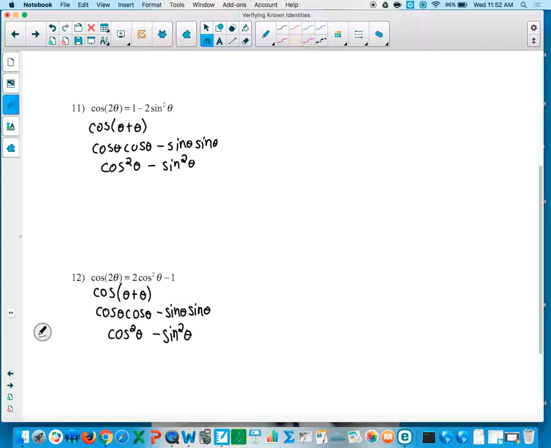So we're at the same point in both of these. The only difference is we're going to switch over with Pythagorean identities in different ways.